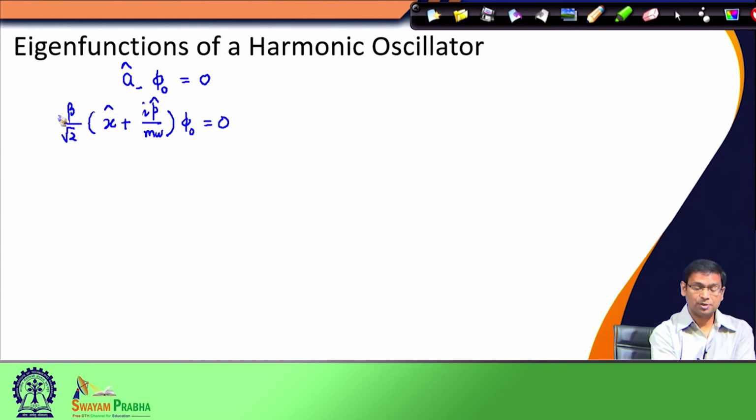Since beta is a constant, where beta square is m omega by h bar, this is a non-zero constant for a particular problem. So, I can ignore this term or take it to the right side, and then I have x plus i by m omega times the p operator, and so I have only one variable.